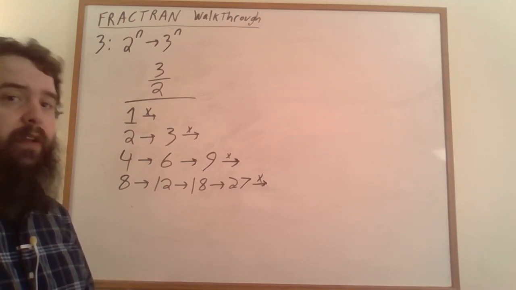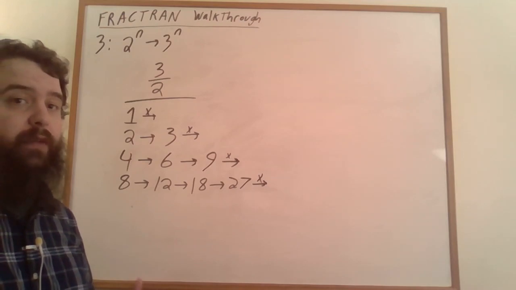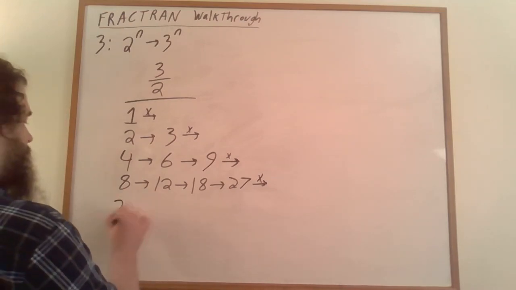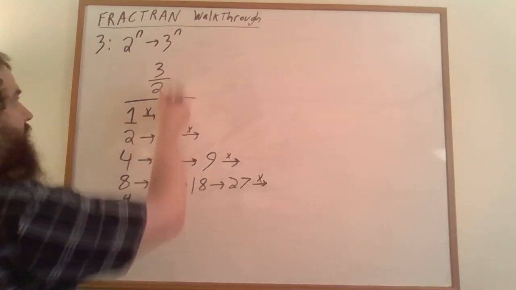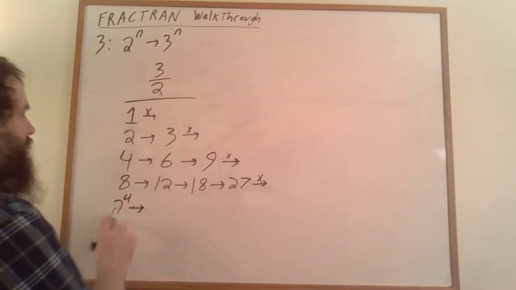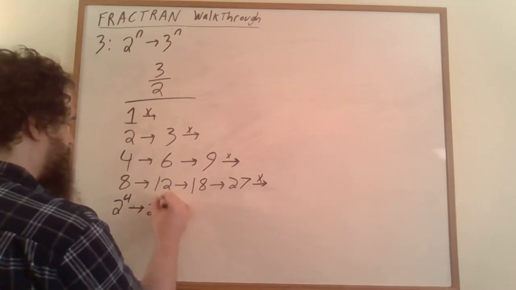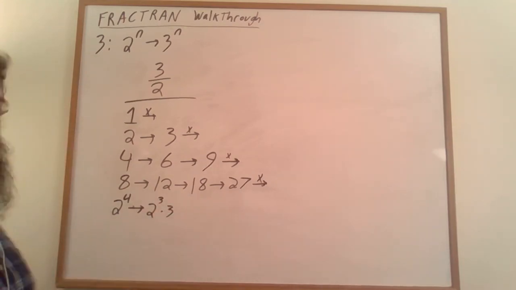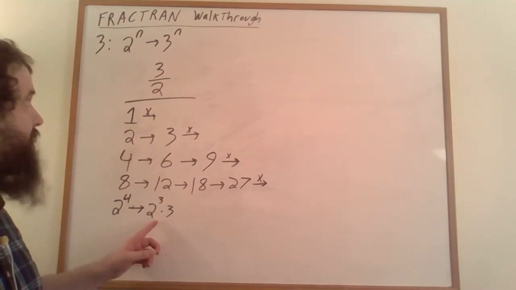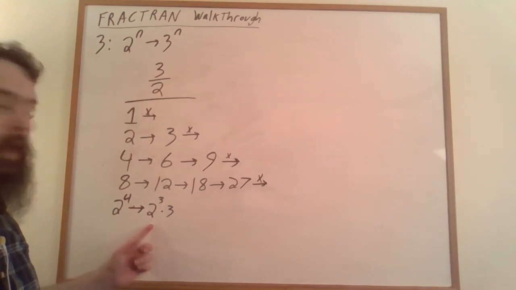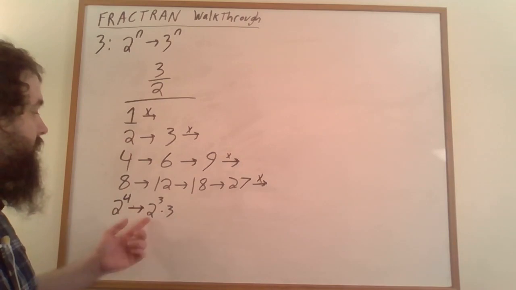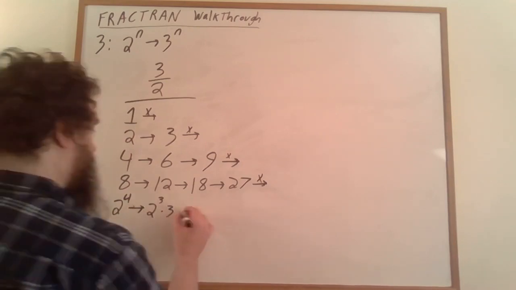So this program seems to work, but it's going to be easier to prove that it works by looking at our numbers in terms of their prime factorizations. Let's say we input 2 to the 4th, that is 16. Multiplying that by 3 halves is going to get rid of one of the 2's and add a 3. So 24. It's clear that we can multiply this by 3 halves because there's a factor of 2 in there, and when we multiply it by 3 halves, we'll lose a 2 and gain a 3.